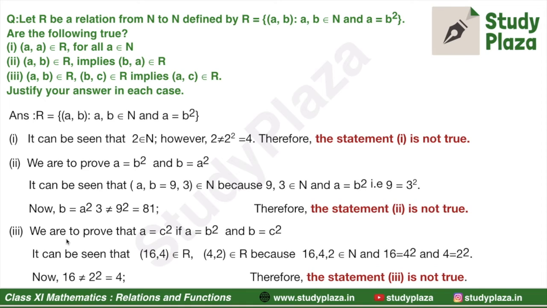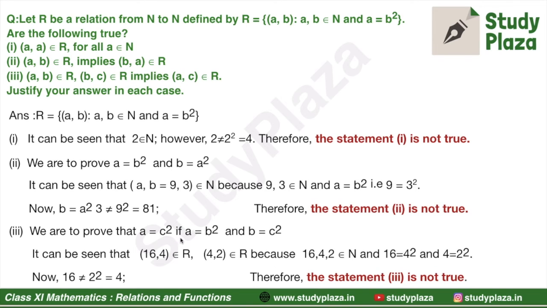Similarly, now we'll move to the third part, where we have to prove a = c² if a = b² and b = c² are given. So let us take the numbers 16, 4, 4, 2. The values of a and b are 16, 4, and the values of b and c are 4, 2. All these numbers, 16, 4 and 2, belong to natural numbers, condition satisfied.